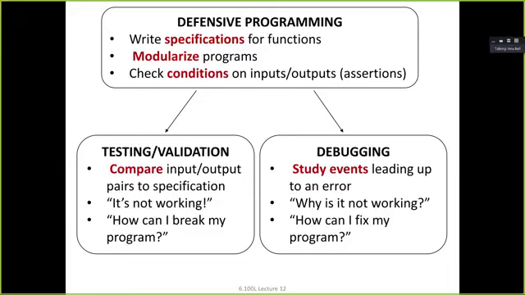So if you see a chunk of code that you're copying and pasting all over the place, you'll want to plop it out in a little function that you call in multiple places. So ideas like that employ this defensive programming mechanism, and it allows you to perform really easy testing and validation when it comes time to do that, and then possibly debugging when it comes time to do that.